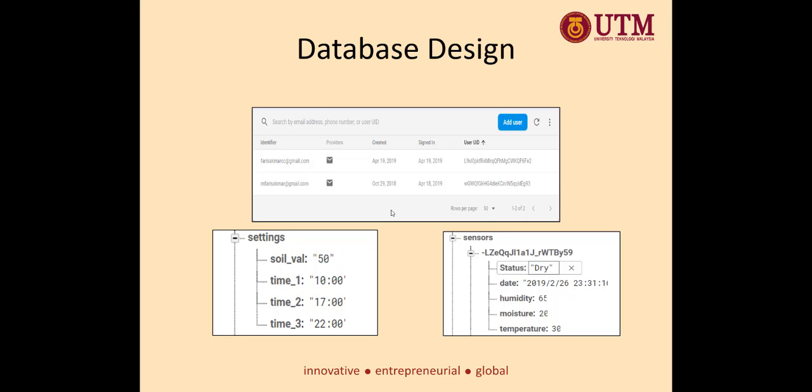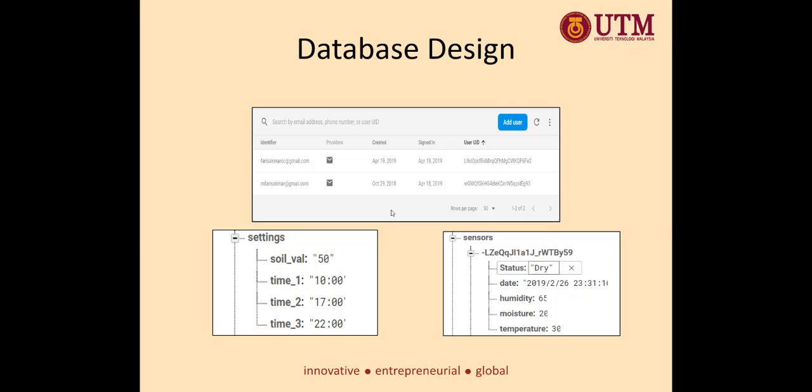And on the bottom left are the settings of the data structure. We have a soil value, time 1, which is the first time taken of the day, time 2, the second time taken of the day, as well as time 3, the last time taken of the day. These are the settings entered by the user according to their own preference.